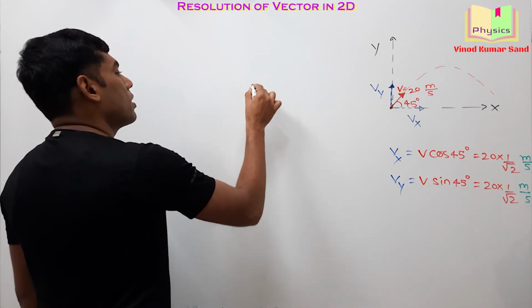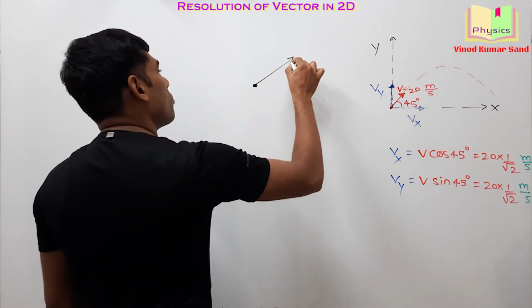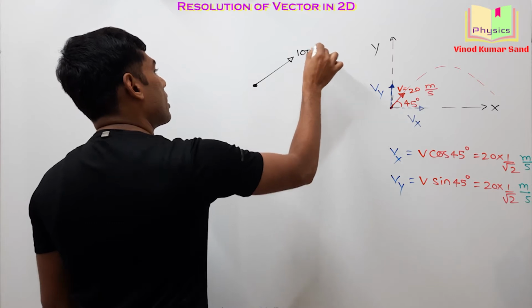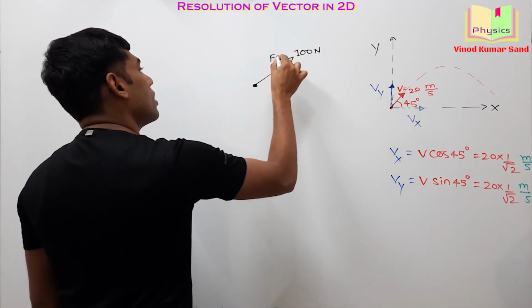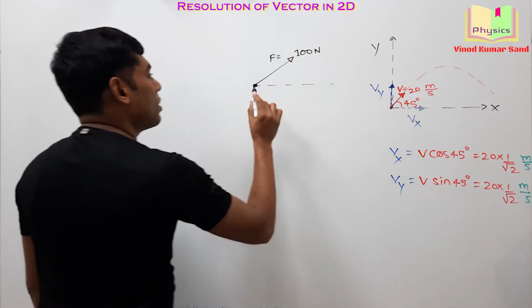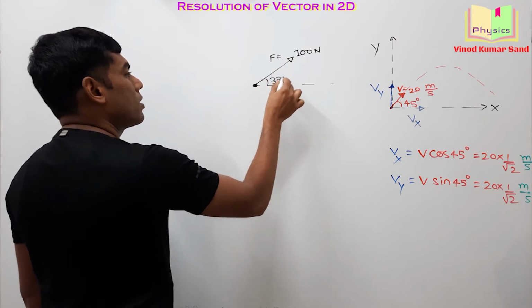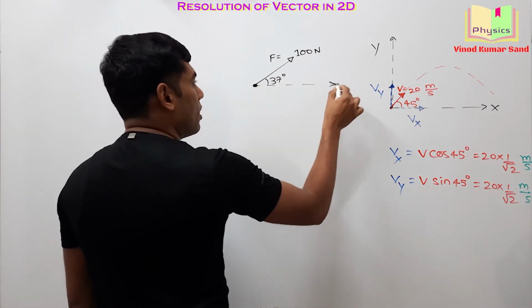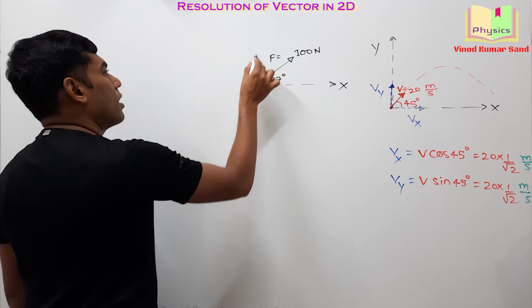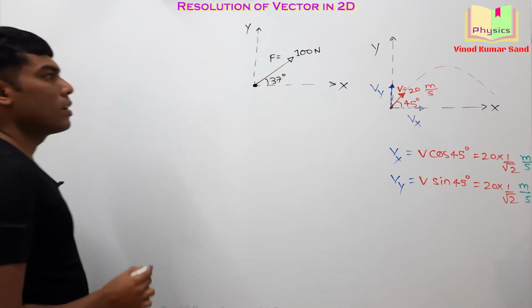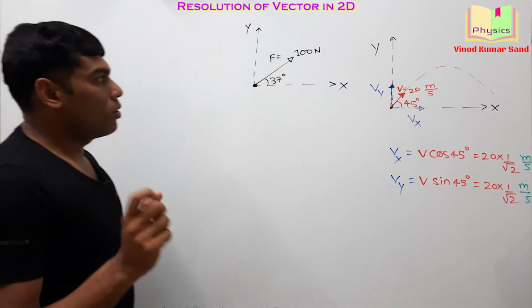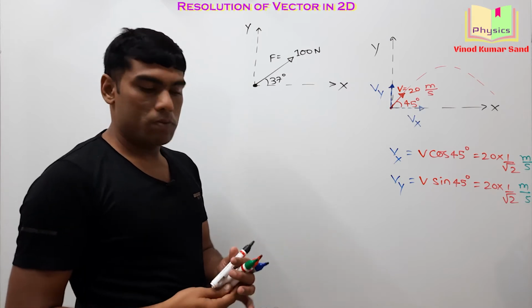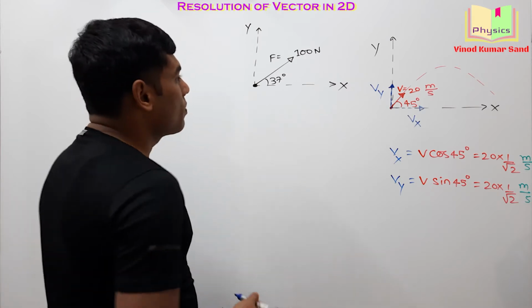On a point, let's say there is a force of 100 Newton acting like this. And this angle with the x-axis is given as 37 degrees. This is x and this is y. Now can you find the rectangular components of this force? Pretty simple.